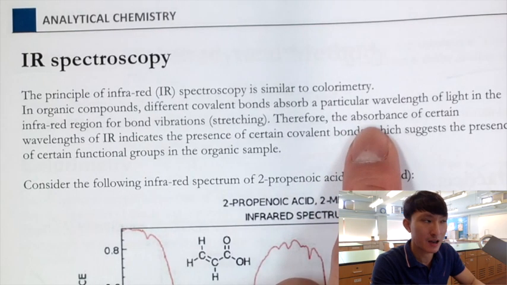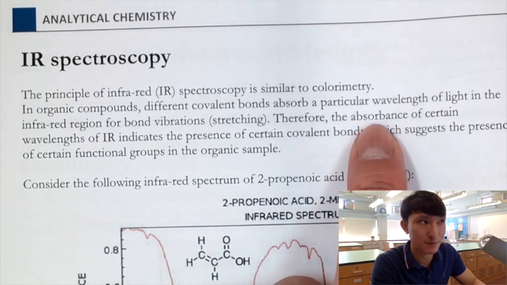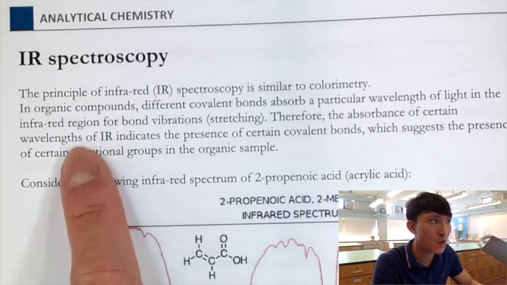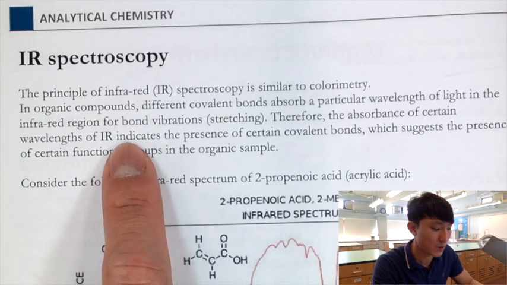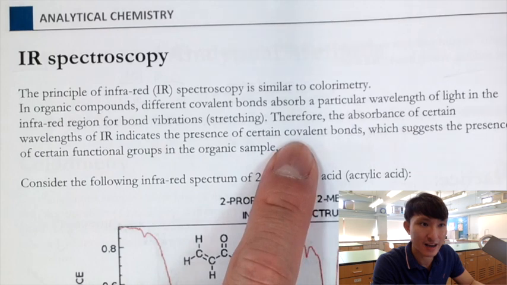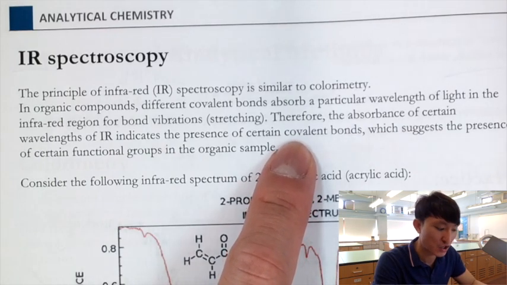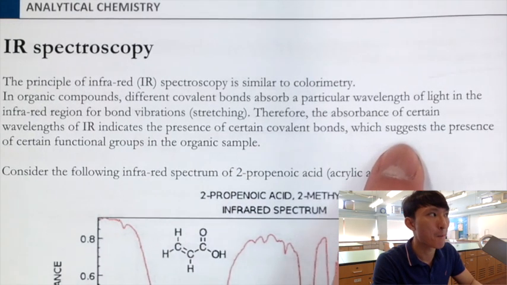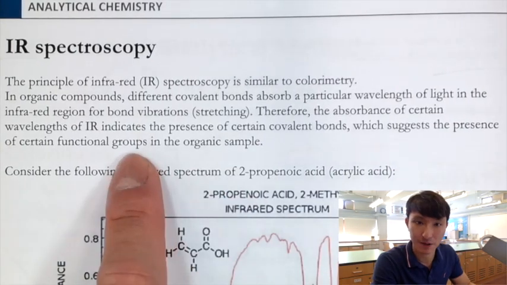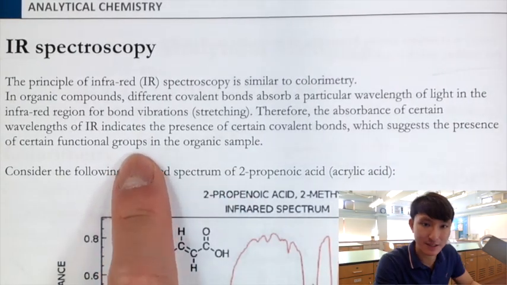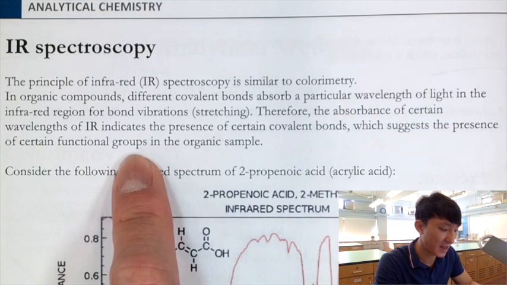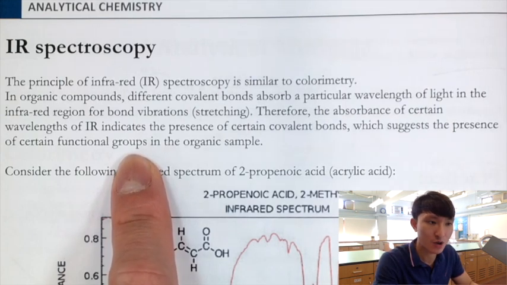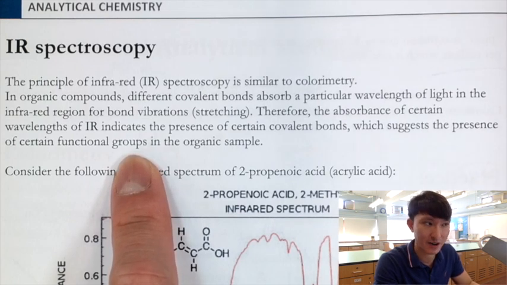If we find some absorbance of a certain wavelength of IR, it allows us to determine what kind of covalent bond exists in the compound, which then tells us what possible functional groups are there. So like I said, the main function of IR spectroscopy is to find out what functional groups are there in an organic compound.